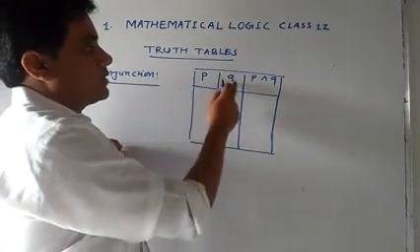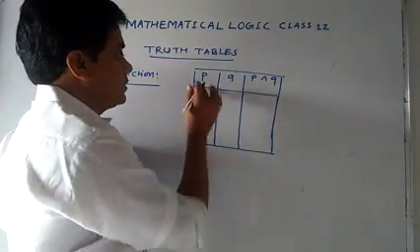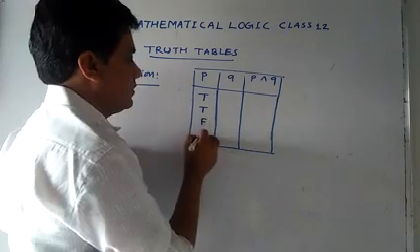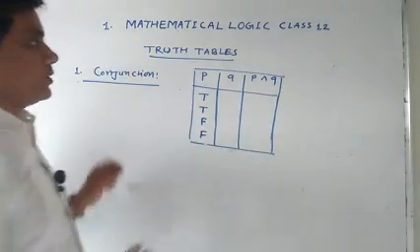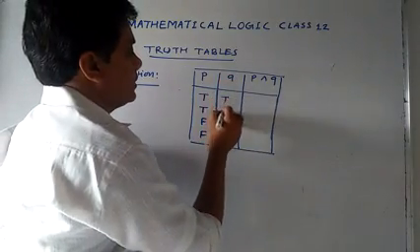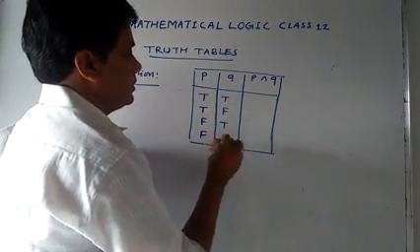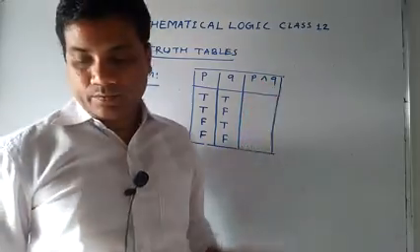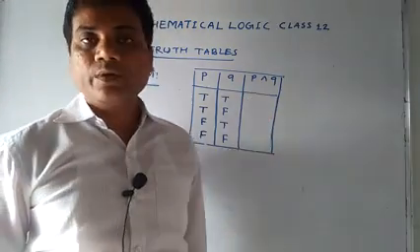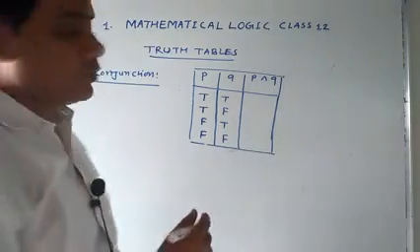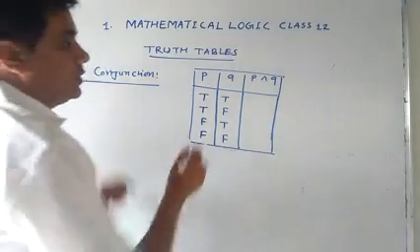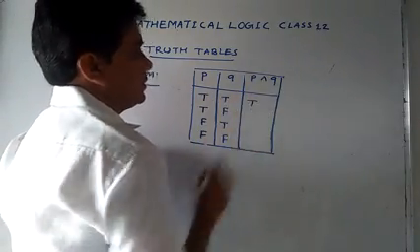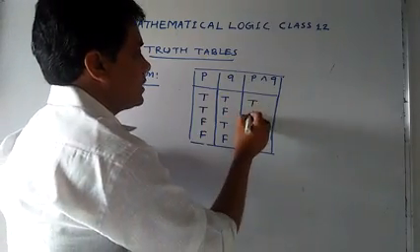Here the first statement is P and the second statement is Q. Truth value of P is T, T, F, F. And truth value of Q is T, F, T, F. The conjunction P and Q is said to be true if and only if both P and Q are true, means T and T is T, otherwise F.